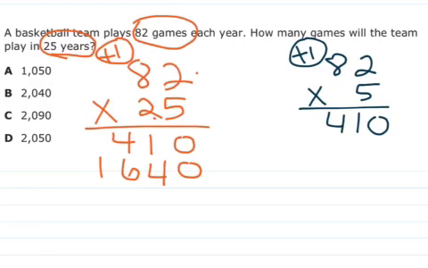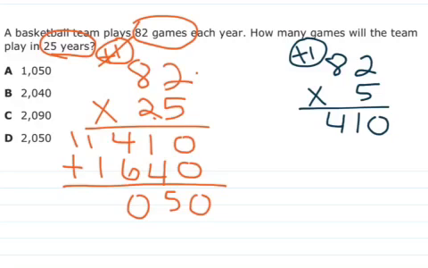Make sure we cross that out. And then all you have to do is add up the partial products. We have 0, 5, 6 plus 4 is 10, and then 1 plus 1 is 2. 2050. That would be our answer, letter D.